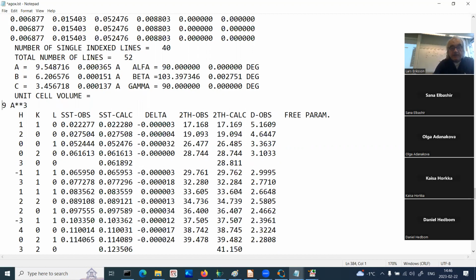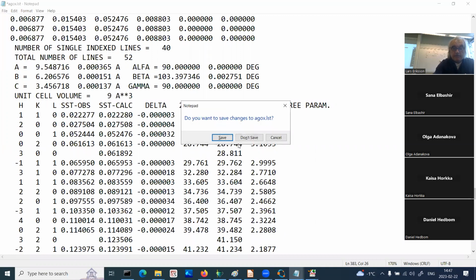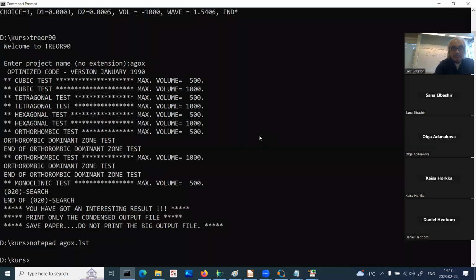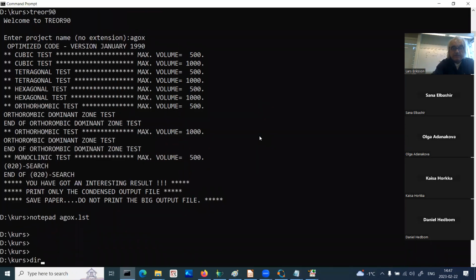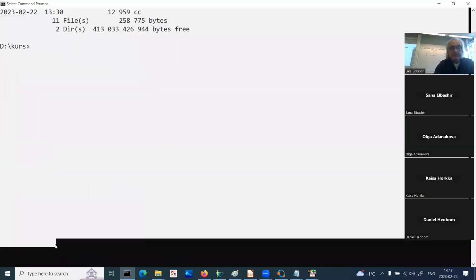I can show the two different data sets. We have the X-ray data set, that is this one, and we have the neutron data set.